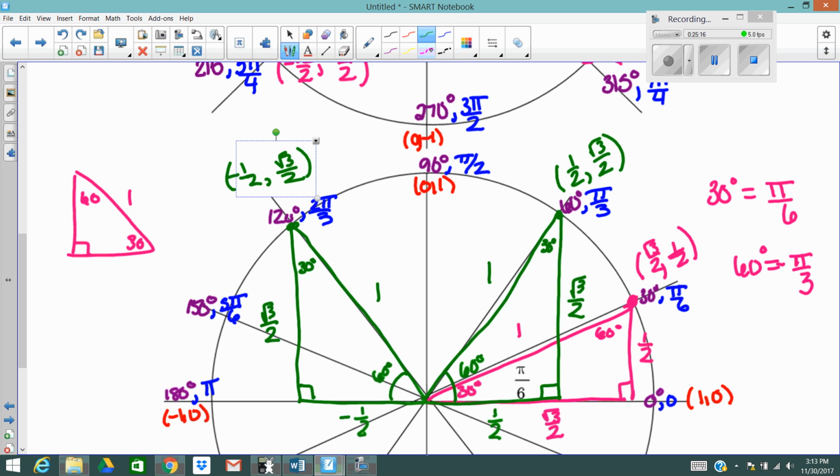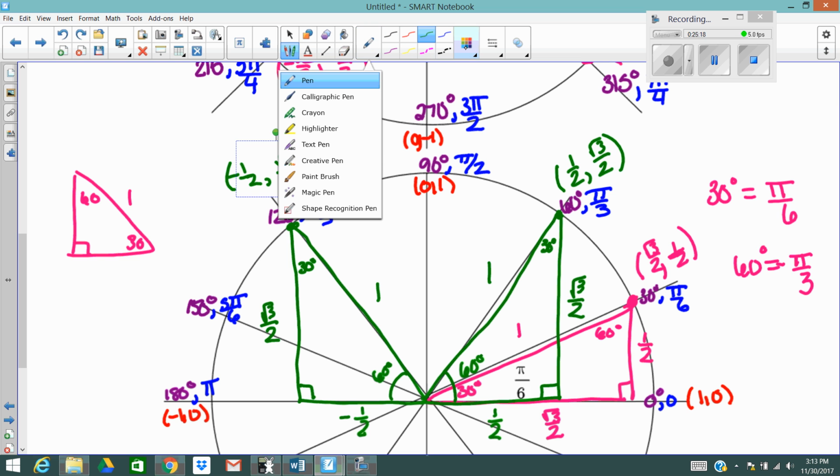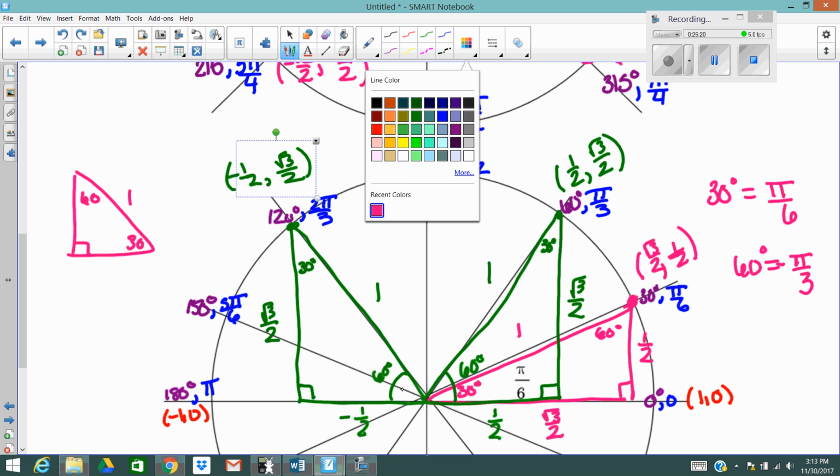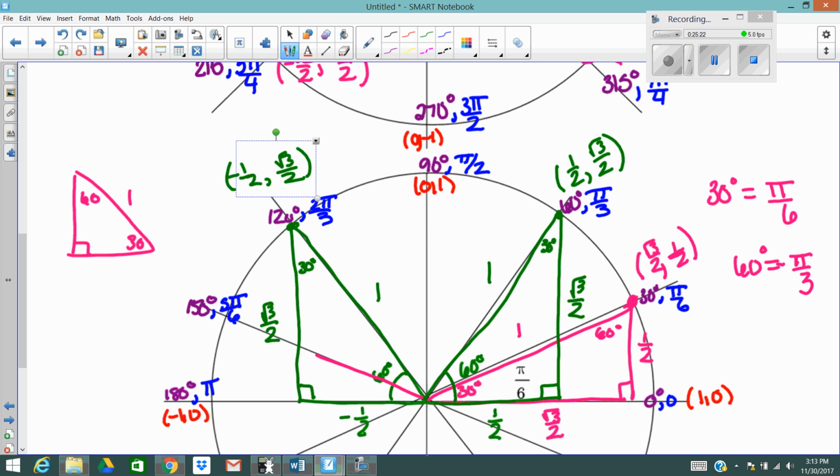For my next angle, my actual angle is 150 degrees, but my reference angle is 30 degrees. So if my hypotenuse is 1, opposite the 30 is 1/2, opposite the 60 is square root of 3 over 2.